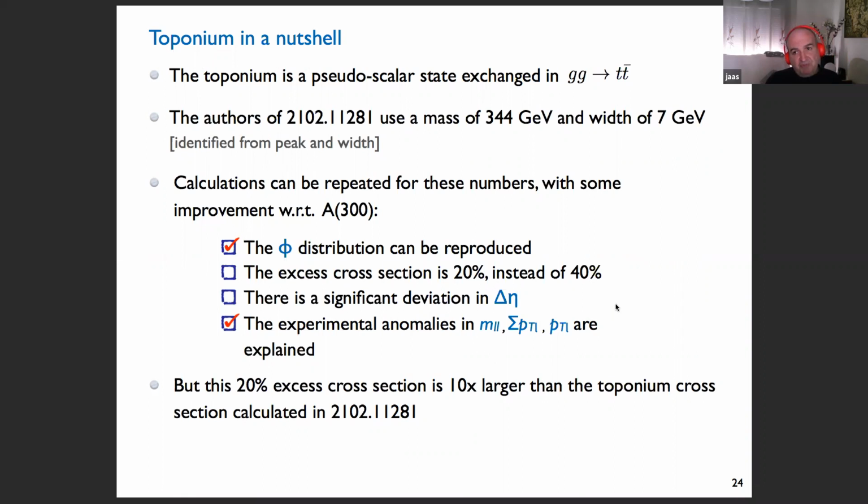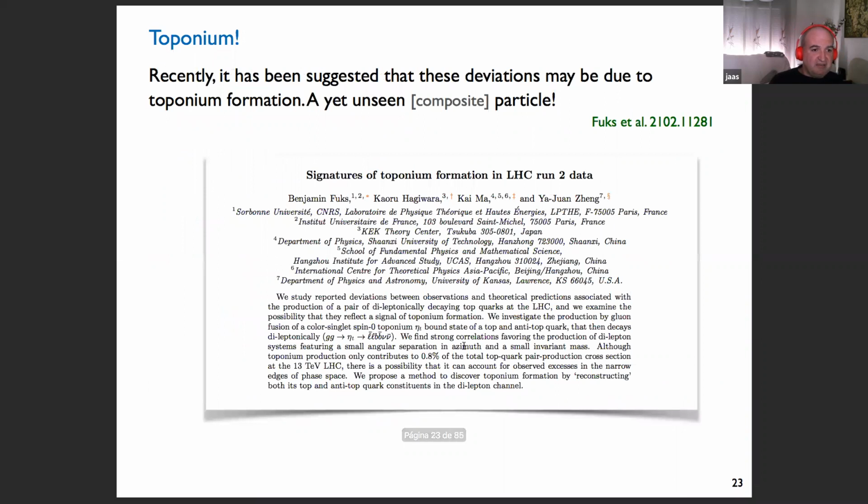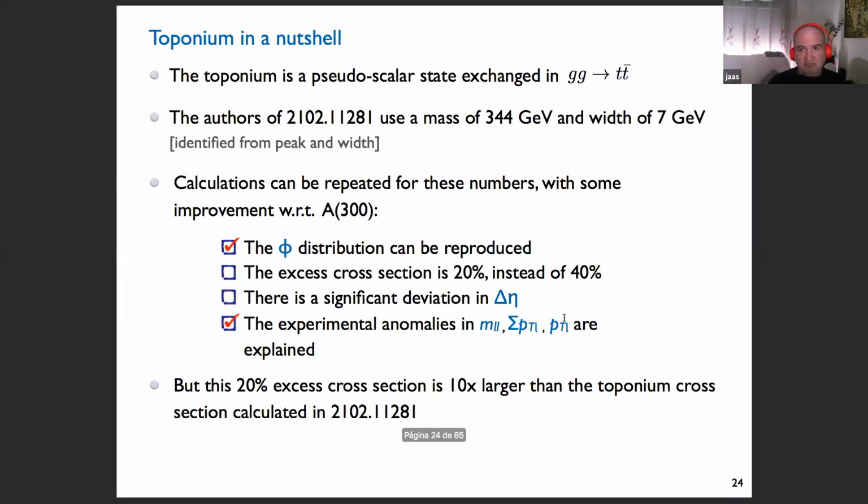And it's 2%, not 20%, as you would need to explain this phi distribution. So when you go to the numbers, they claim here that this toponium could account for that, but when you put the numbers in, you see that the excess in the cross-section is 10 times larger than what the toponium gives. So it's not toponium, unfortunately.